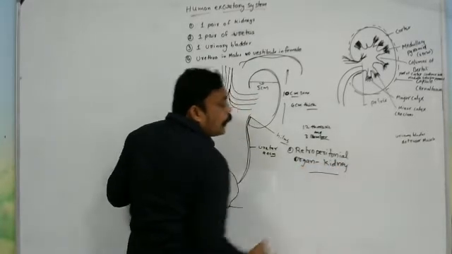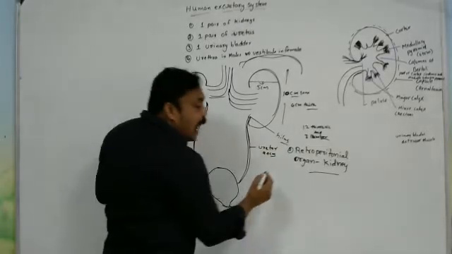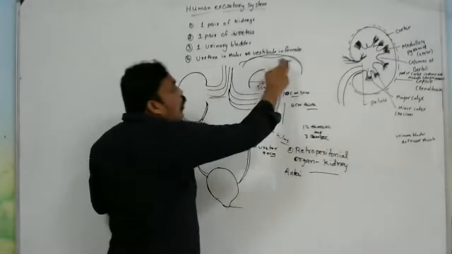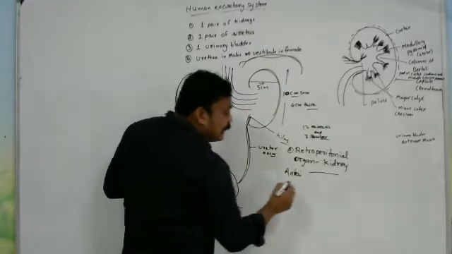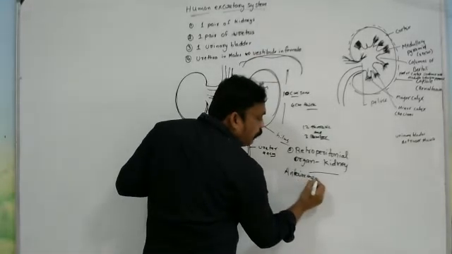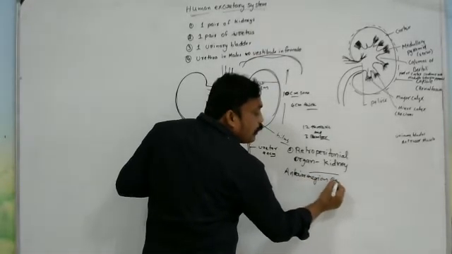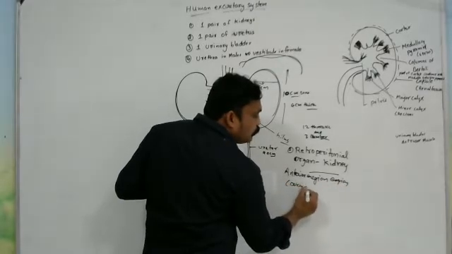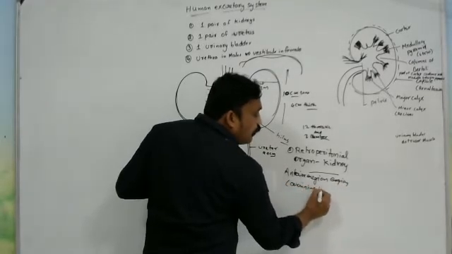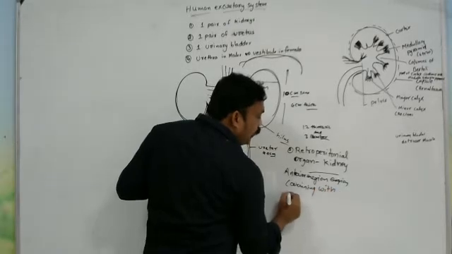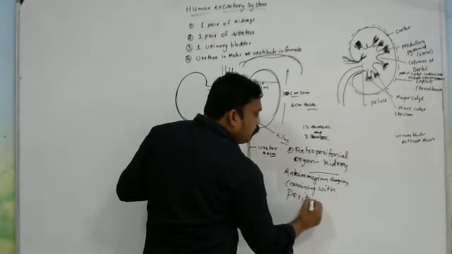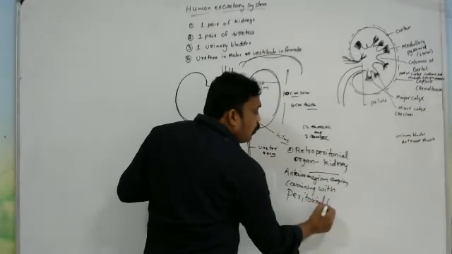Why is it called a retroperitoneal organ? The anterior region of the kidney, that means the upper side, is covered with the peritoneal membrane, a connective tissue.